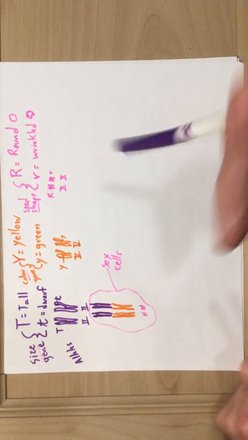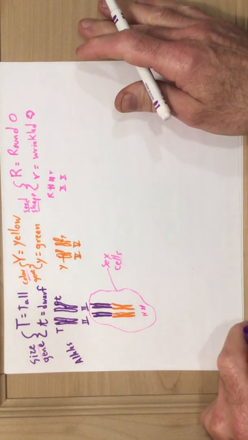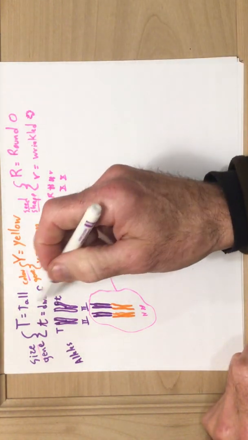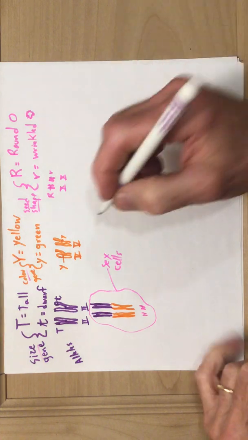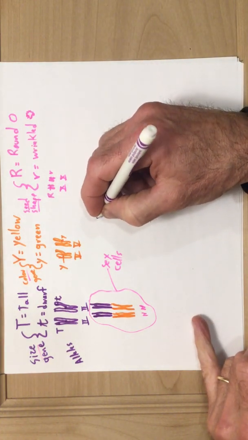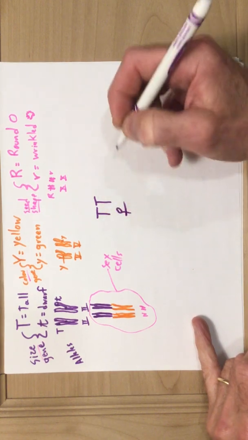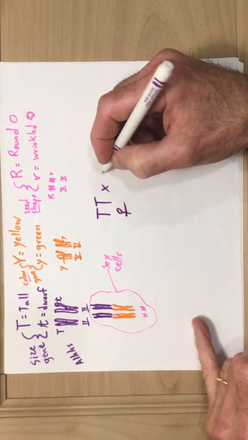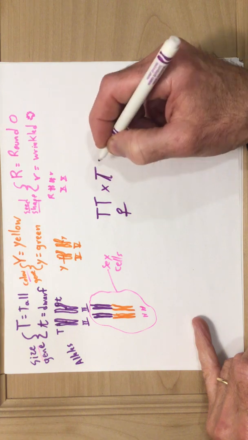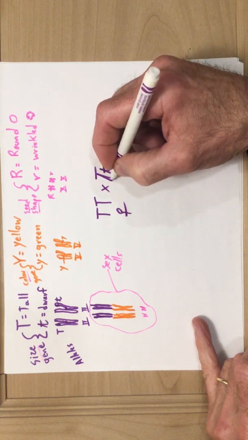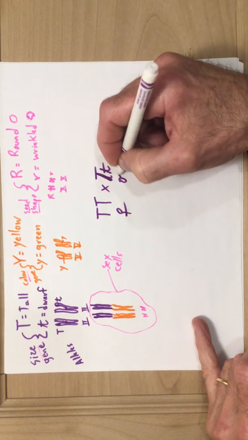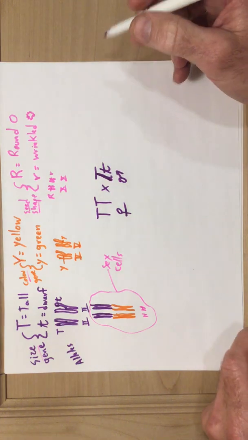Let's just start out with the purple gene, the tall versus dwarf, okay? So let's say that I have a homozygous dominant parent. Let's say this is the female parent plant. And we're going to mix that with a heterozygous male plant, okay?